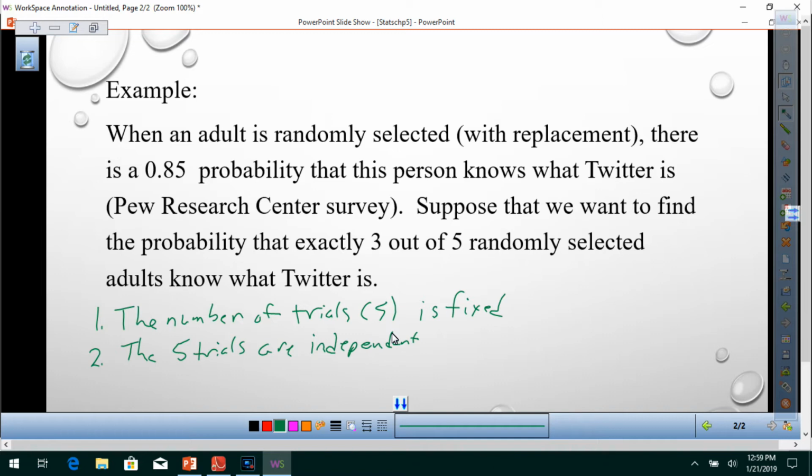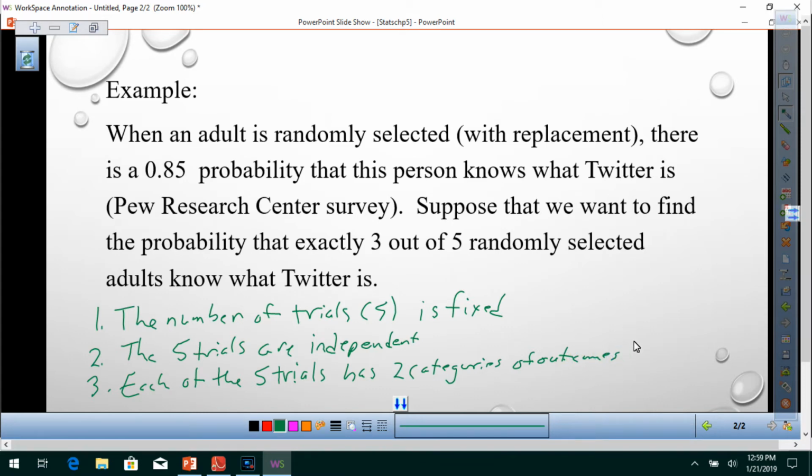Third, each of the 5 trials has 2 categories of outcomes.